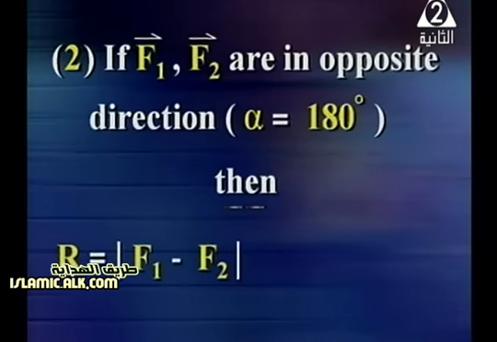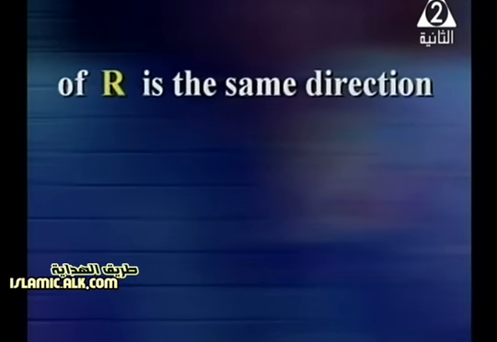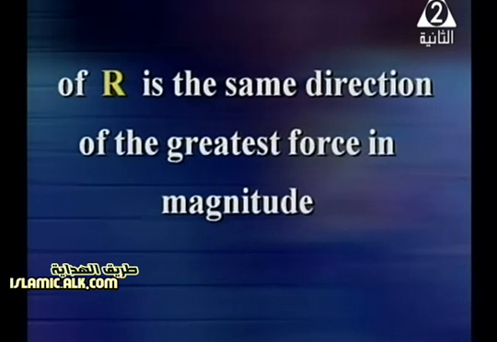Let F1, F2 be in the opposite direction. What do you mean? The angle between them equals 180. What is the result? The resultant in this case equals the absolute value of F1 minus F2, and the direction of the resultant is the same as the direction of the greatest force in magnitude.